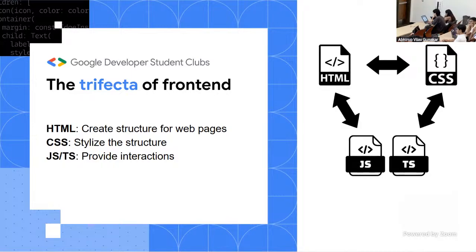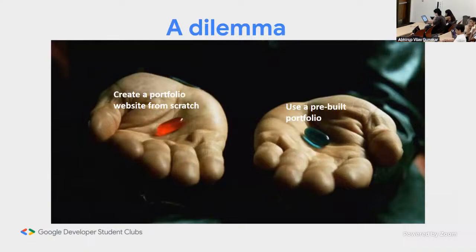So moving on to a bit of hands-on, this is kind of a dilemma that I faced when I first started building my own portfolio. I was facing the dilemma: should I create a portfolio website from scratch or use a pre-built portfolio?